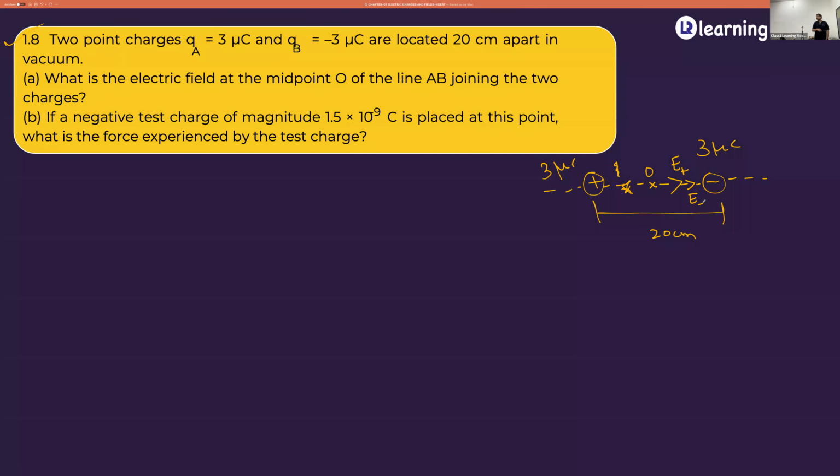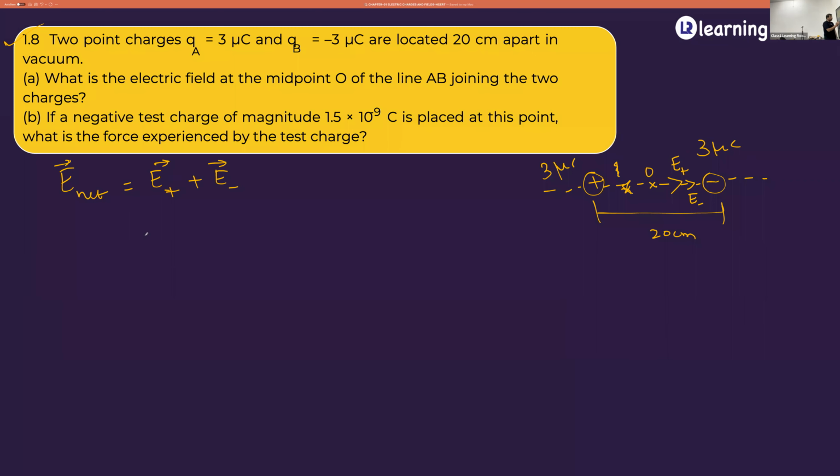So electric field due to the positive charge is in the positive direction, and electric field due to the negative is in this direction, this side. So what is going to be the net electric field? Is it not going to be the electric field due to the positive charge plus electric field due to the negative charge, but in the vector form?